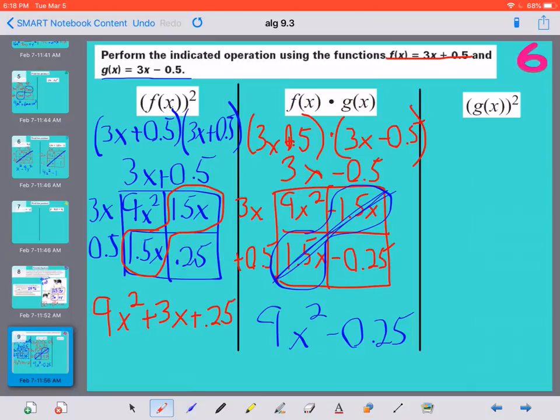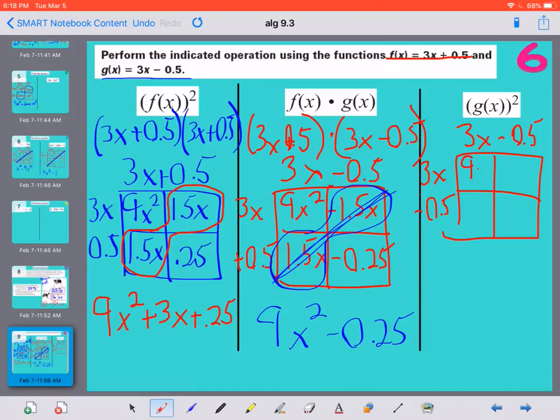Lastly, g of x times g of x. So what we're going to have is those times the same thing. So 3x negative 0.5, 3x negative 0.5. 3x times 3x, again, is 9x squared. Negative 1.5x. Negative 1.5x.